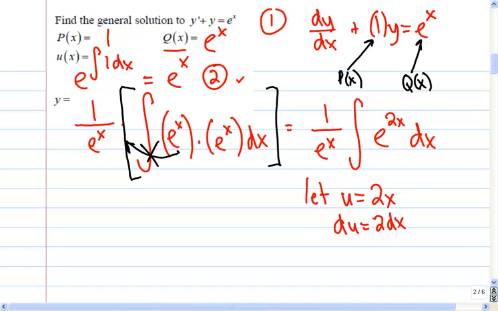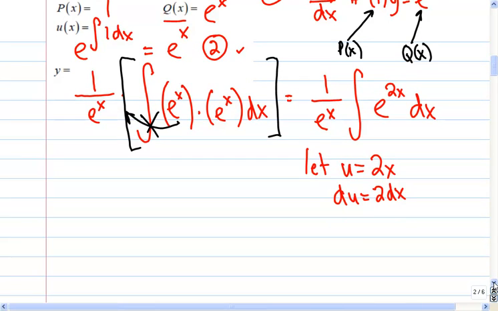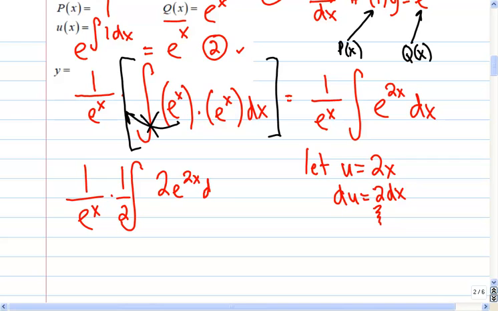So that means when I'm working on this one here, it's going to be 1 over e to the x. And I'm missing this 2. So I'm going to put a 1/2 in the front so that I can introduce a 2. So now all the pieces here will line up in terms of u.